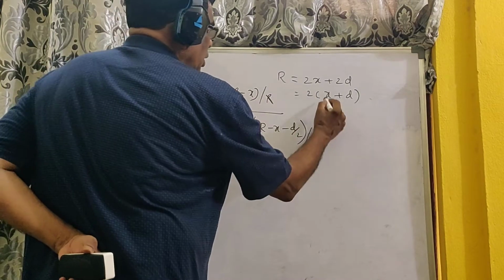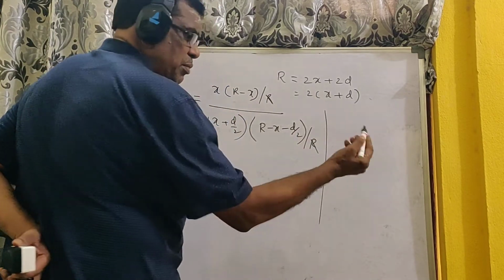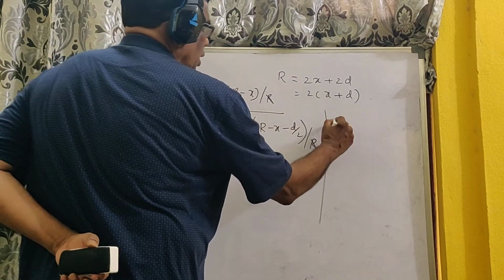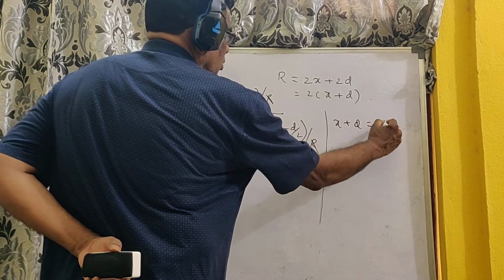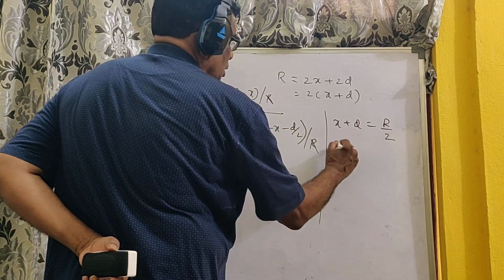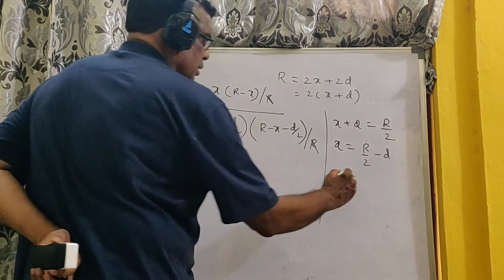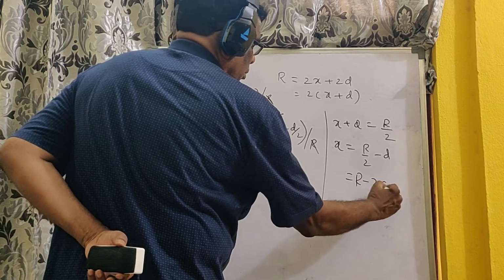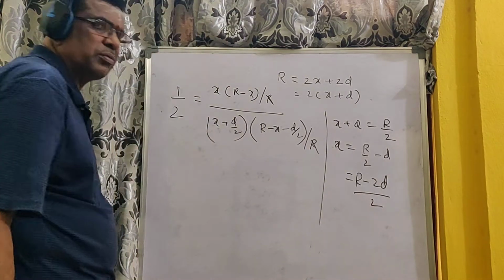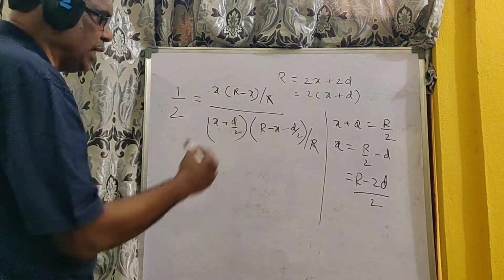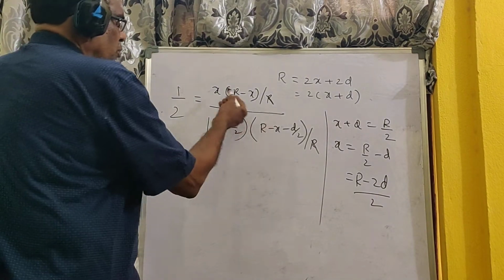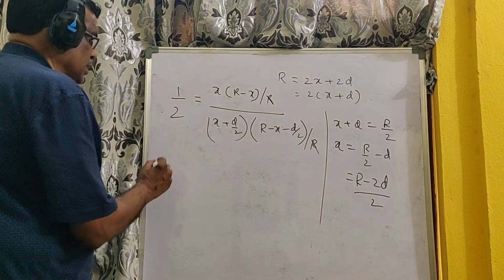So what we do here, easy method I am telling you, you have x plus d is equal to r by 2, or x is equal to r by 2 minus d, or r minus 2d by 2. Now you have got the x value, that is what you have to substitute in all these cases.